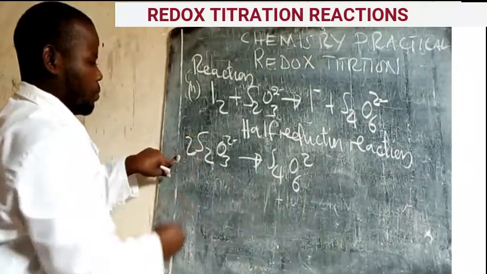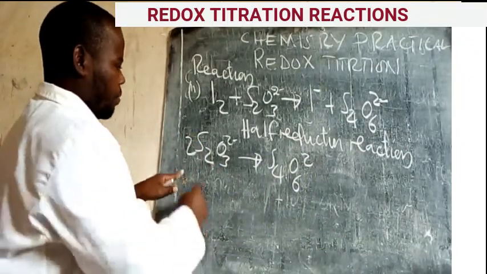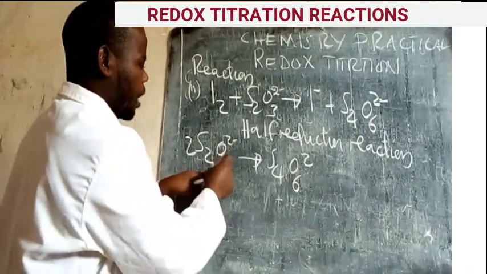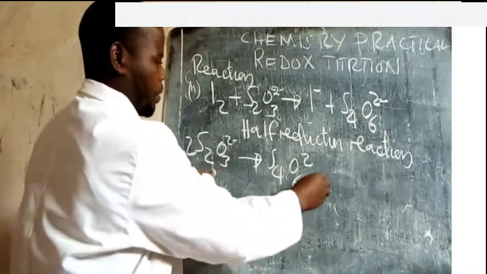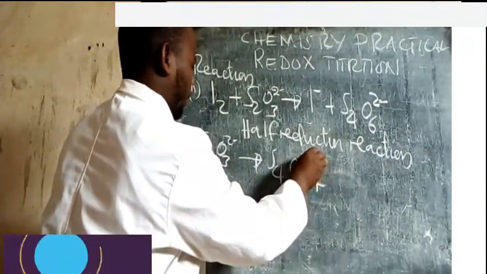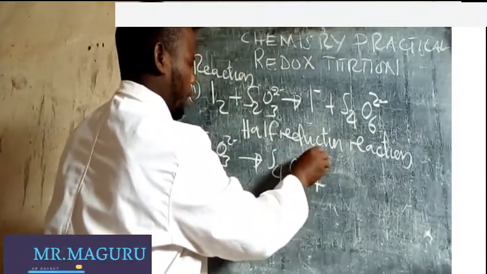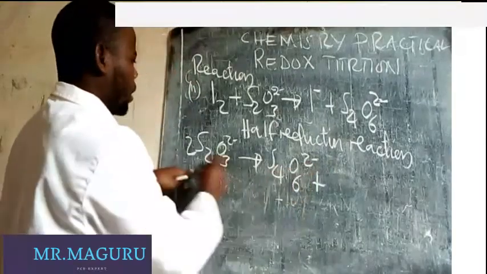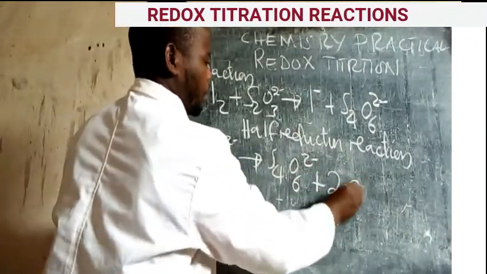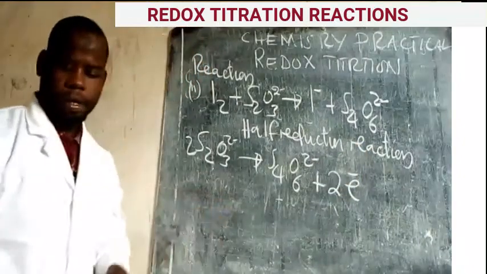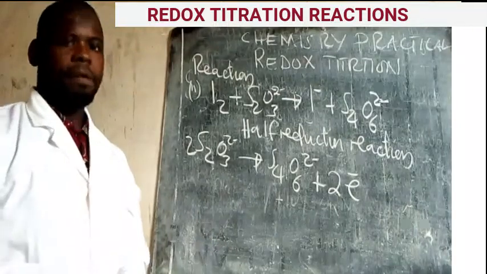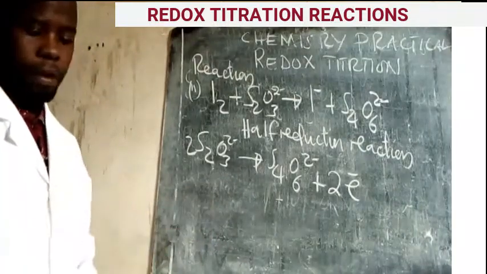Here there is 2. These are balanced in the elements, but the ions not yet, so we have to add here. Here there is 2, but here there is 4, so we have to add 2 electrons on this side. That is the half reaction for reduction of thiosulfate.